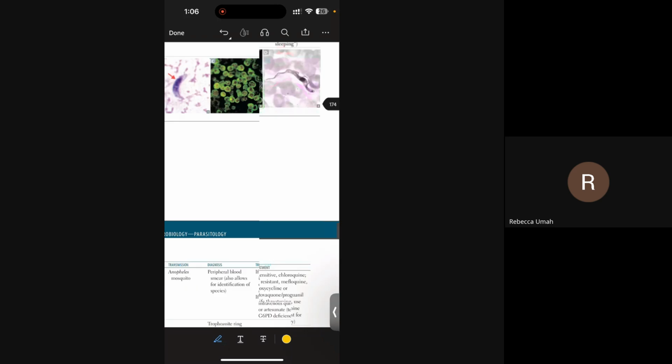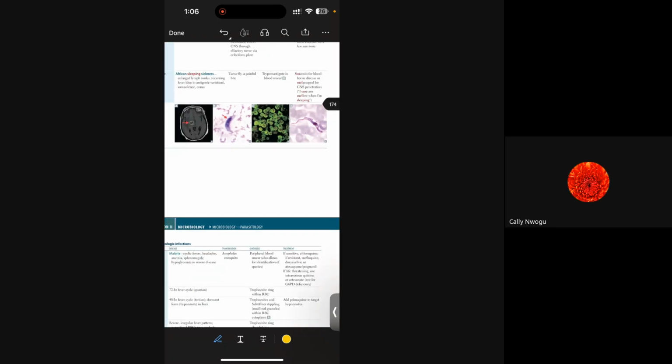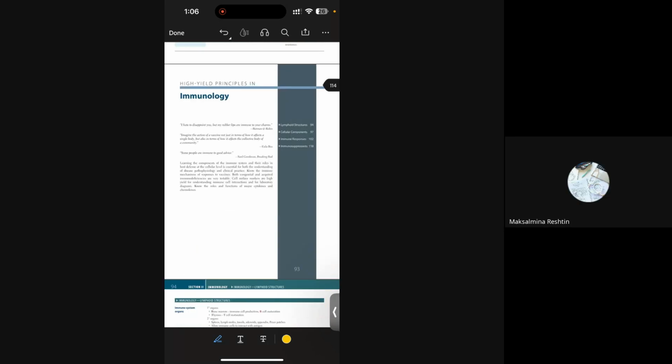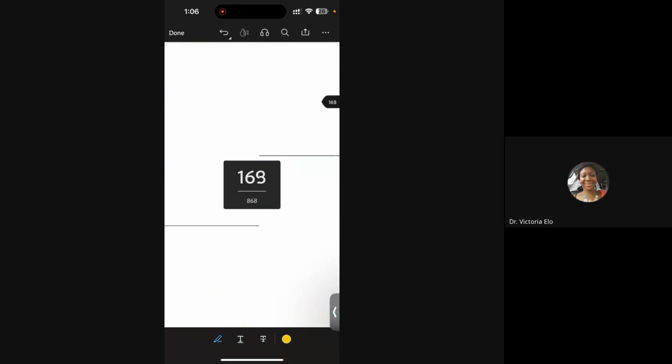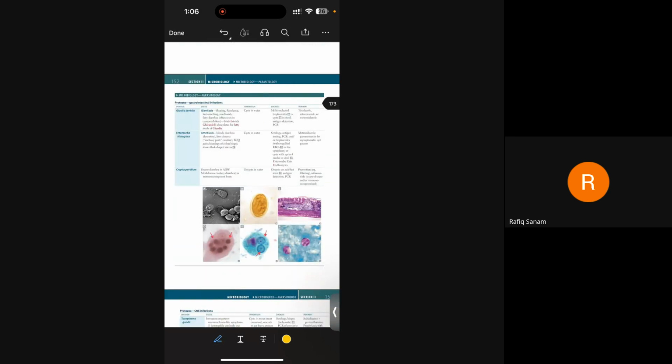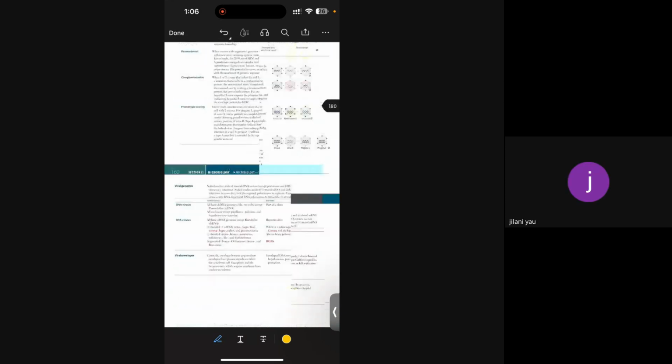What types of infections can Cryptococcus cause?